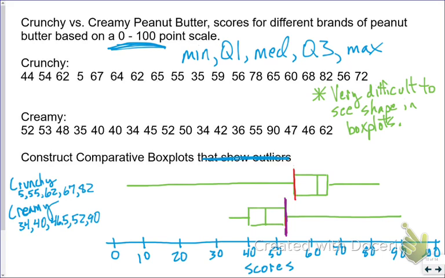I could say that more than 75% of crunchy scores were higher than the bottom 75% of creamy. Or I could just say than 75% of creamy. That's a big deal that those percentiles are past each other. That's comparative talk you could do.